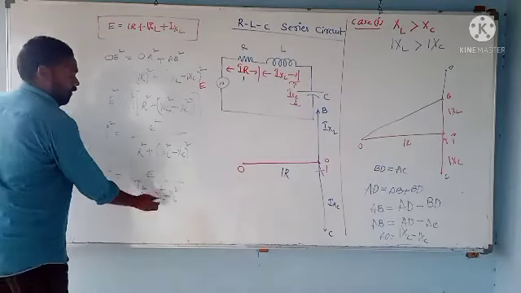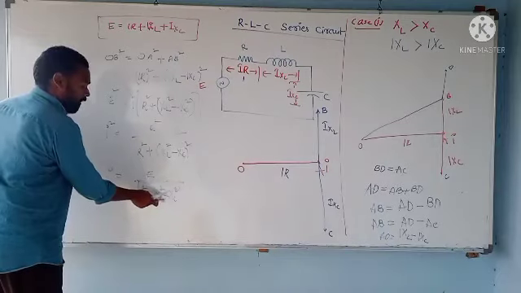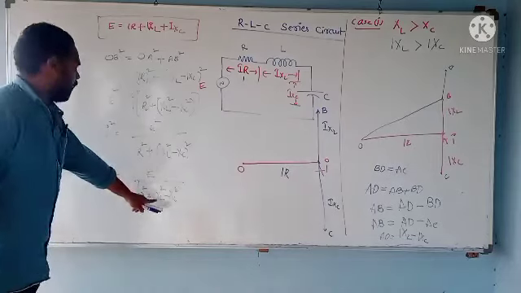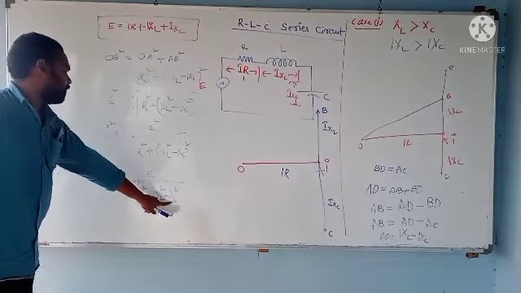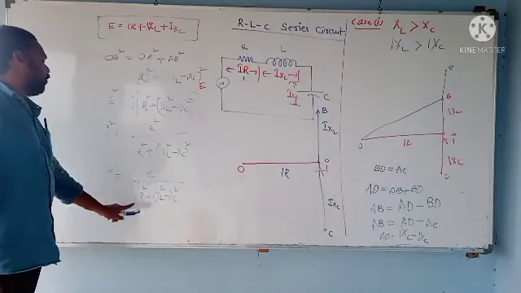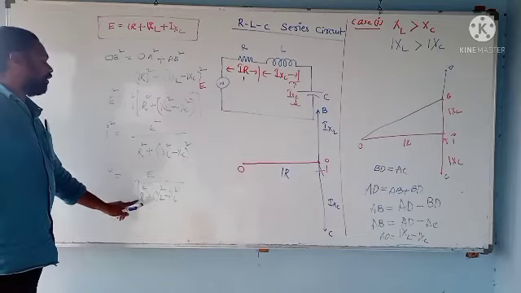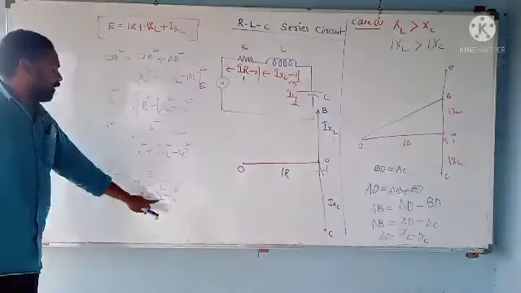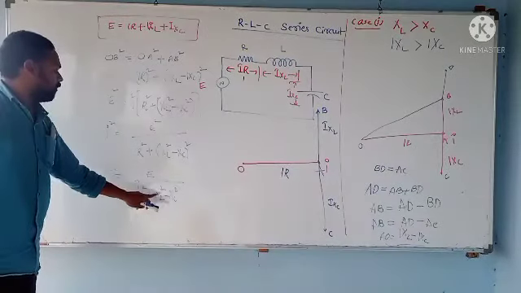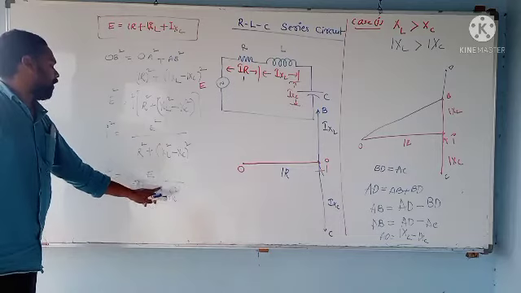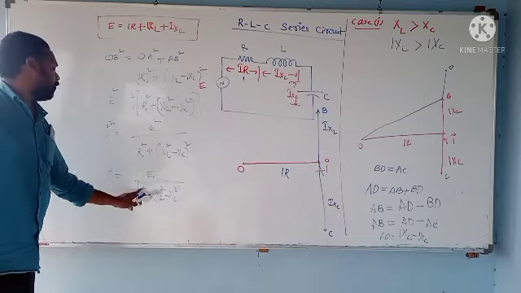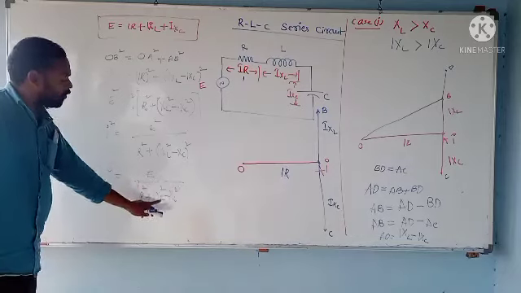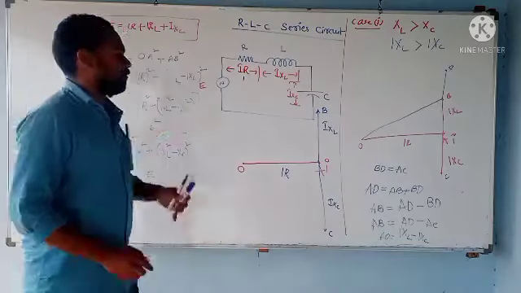The point to understand here is that the XL term is dominating the XC term. Since XL is higher than XC, the circuit behaves like a series RL circuit, because the highest part will be XL only. So now I is equal to E by root of R square plus XL square only, because it is dominating the XC term. This was case 1.